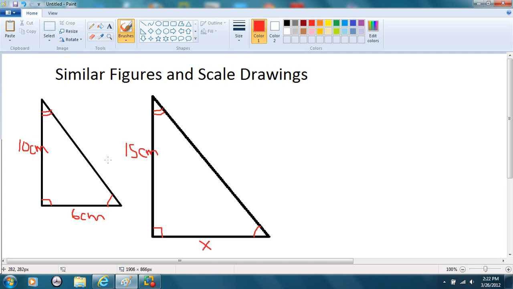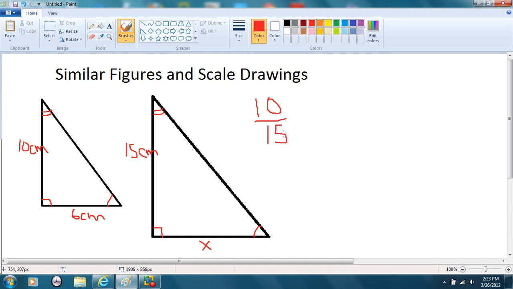Well, I have everything I need to know what X is, because I can do the following. I can go here, this side to this side. We call these corresponding sides. I can go 10 is to 15.